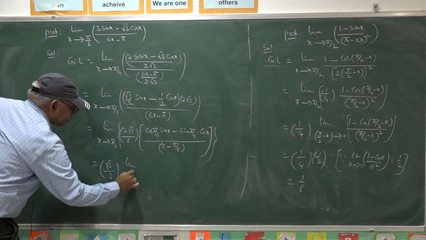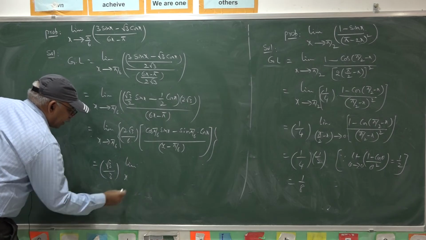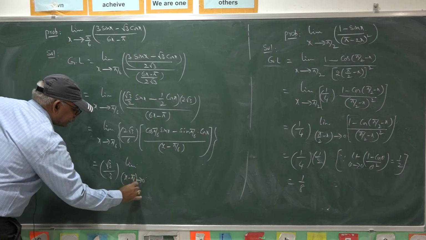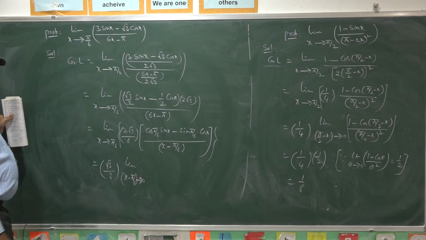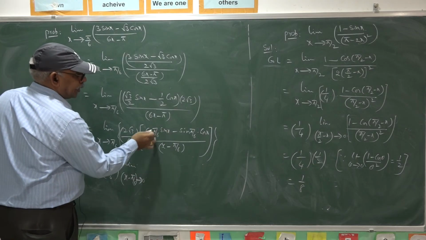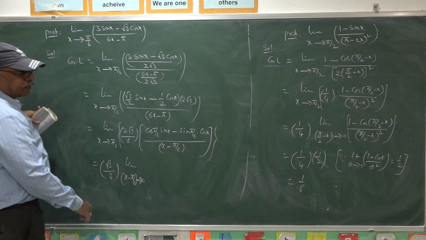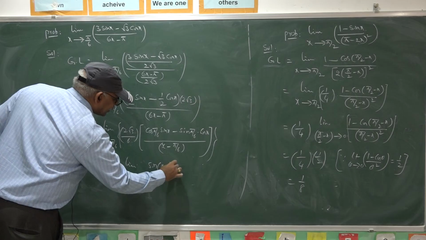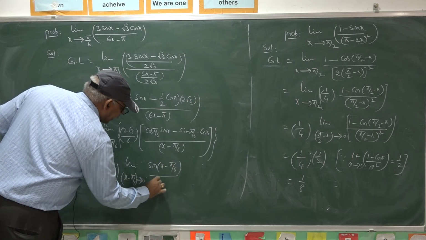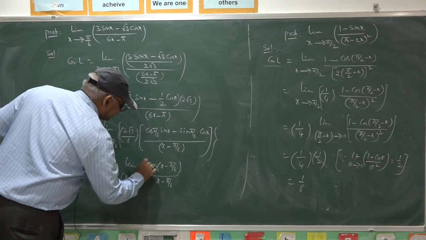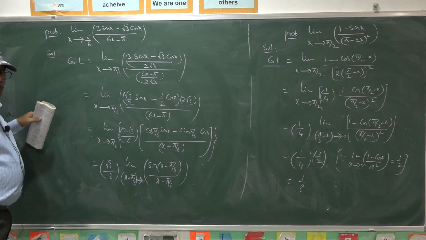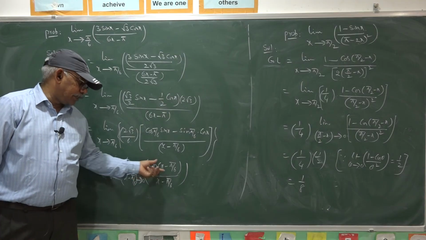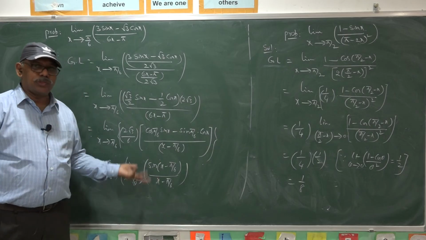Limit as x goes to pi by 6, or x minus pi by 6 goes to 0, of course. The numerator may be written as sin a cos b minus cos a sin b. So, sin of (a minus b) here by x minus pi by 6, which reduces to the form clearly sin theta by theta as theta goes to 0.